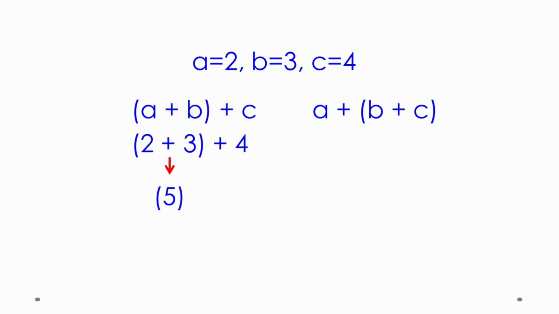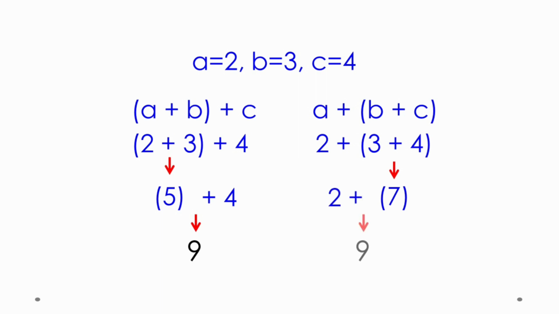Now we add 4 to the sum of a and b and get the answer 9. On the other hand, we first add b and c, that is 3 plus 4. It gives us 7, and then add 2 to it. It makes it 9, which is same as in the first case. It means you can pair the numbers in whichever way you want.